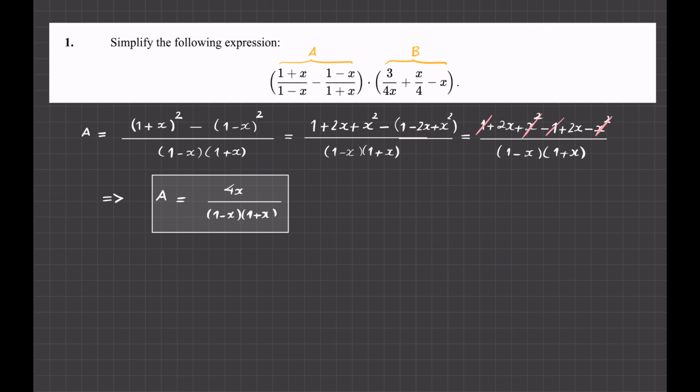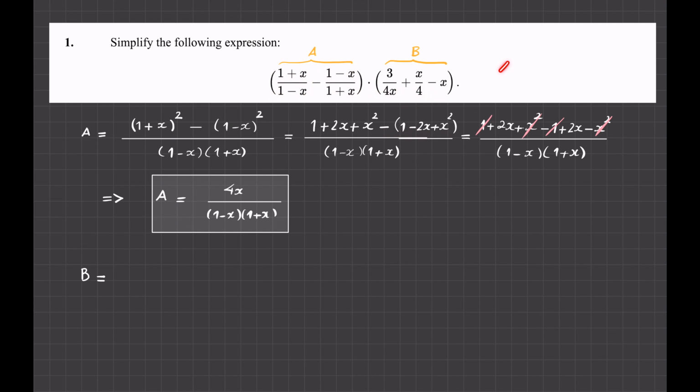Now I will start with the expression B. Here, this is already in factorized form. It is 4x, 4. Of course, you can factor it as 2 times 2, but it is not needed here, and the denominator is 1.